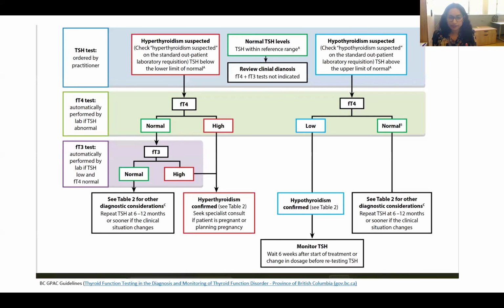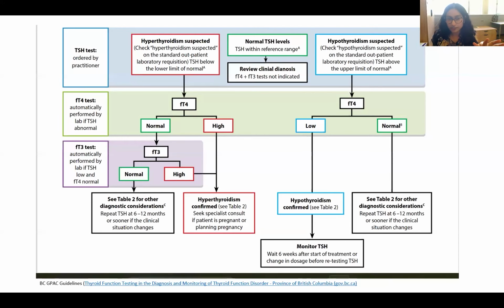And this is sort of a pictographic view, and I really like this. It comes from the BC GPAC guidelines, and the link is below, but it kind of shows you how you should be thinking about ordering thyroid tests. Here you can see if the TSH level is normal, within reference range, there really isn't any more follow-up testing required. You review the clinical diagnosis and think, well, it's probably not related to thyroid dysfunction, and maybe we need to think about other things.